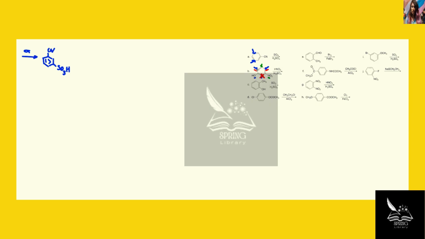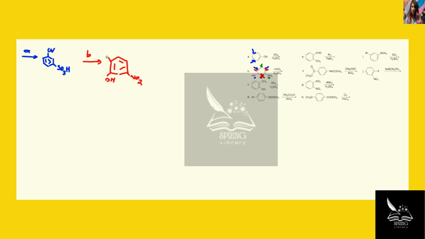So you just have two carbons in which chemistry can occur, one being the ortho position, one being the para position. So in B, we will have two isomers being formed, one the ortho, one the para, and we're actually also adding a nitro group here.